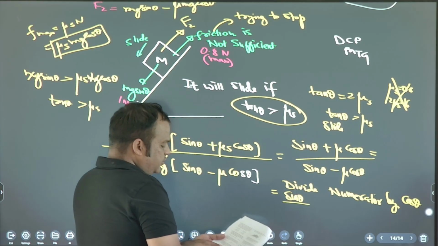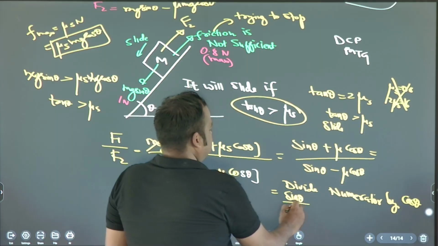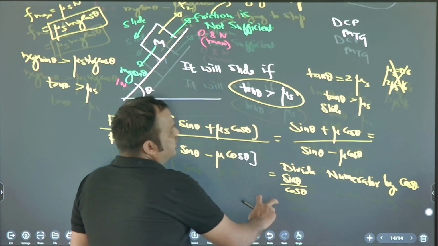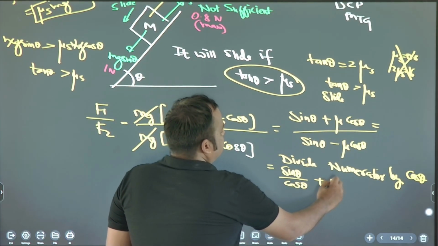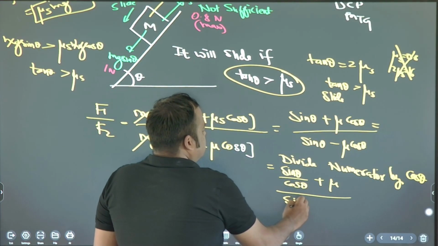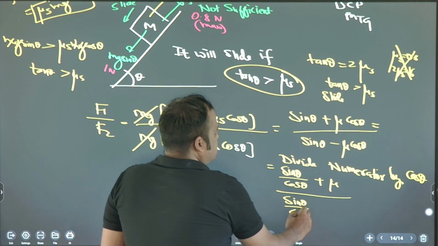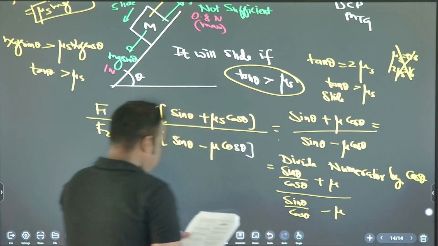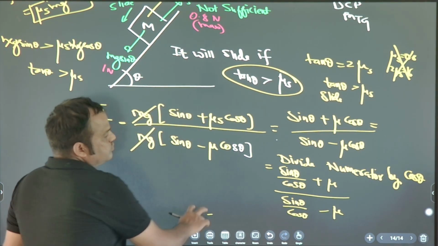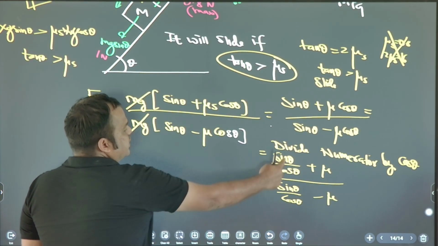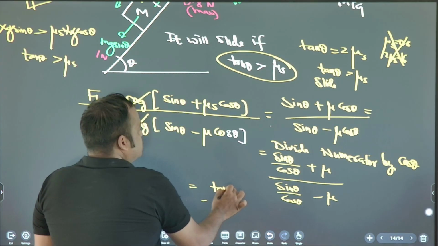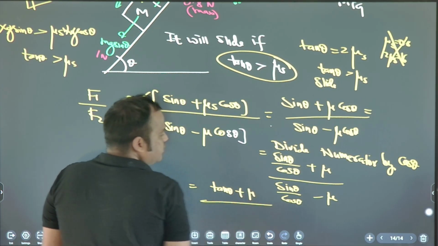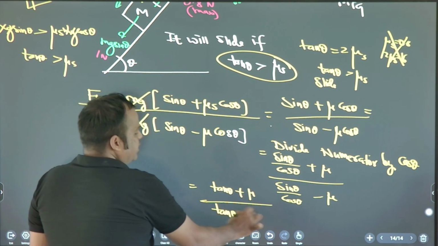Tan theta is given as 2 mu. So sin theta by cos theta plus mu, divided by sin theta by cos theta minus mu. And this is tan theta. So tan theta plus mu divided by tan theta minus mu.